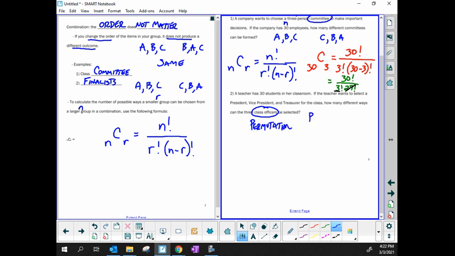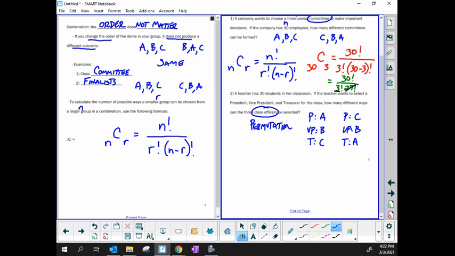Our 3 offices: president, vice president, treasurer. If student A is president, student B is vice president, student C is treasurer, is that different than student C being president, student B being vice president, and student A being treasurer? Even though it's the same 3 people, this is a different outcome. So the order matters. That's why this is a permutation.